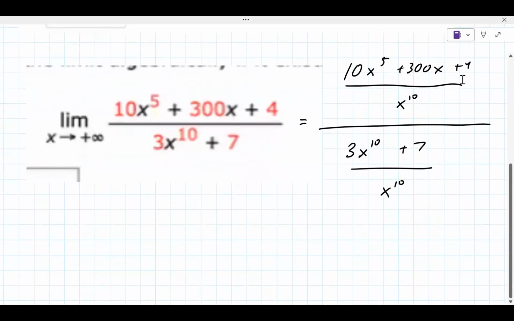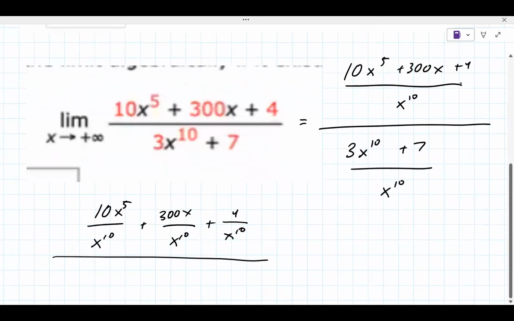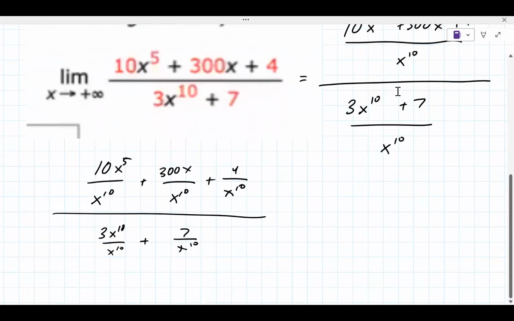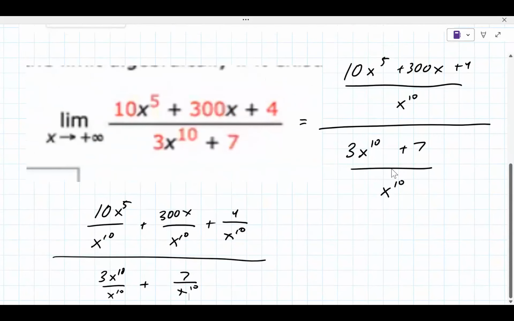So you're dividing each of these by that power there. And if you have to show work on a test or a quiz, like this, you're distributing the x to the 10th power amongst all the bottoms.